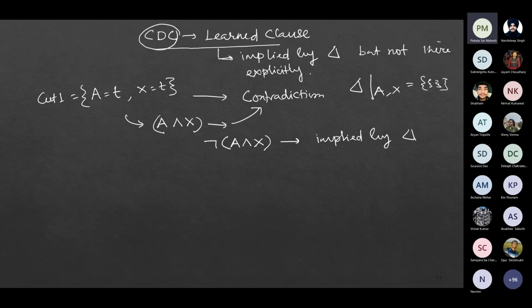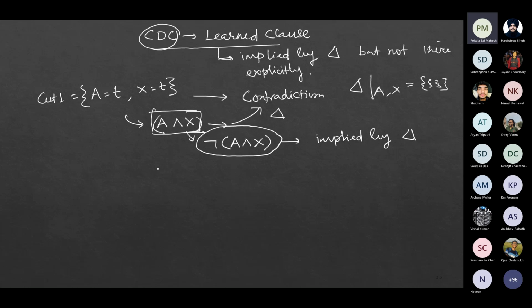Do you agree on this? So I say that this is the kind of clause that leads to contradiction for this delta. So that means the negated clause of this is implied by delta. I think that is agreeable to you, right?